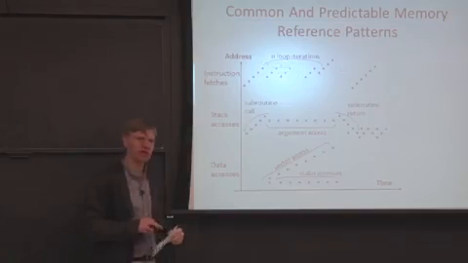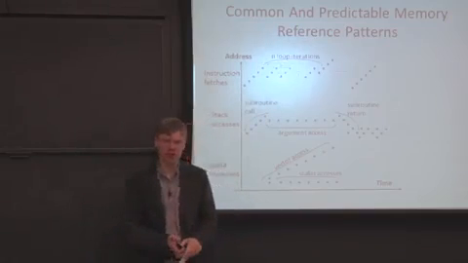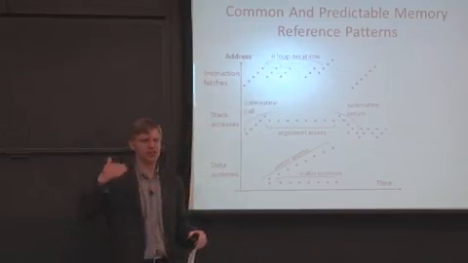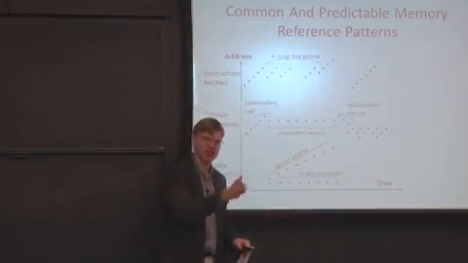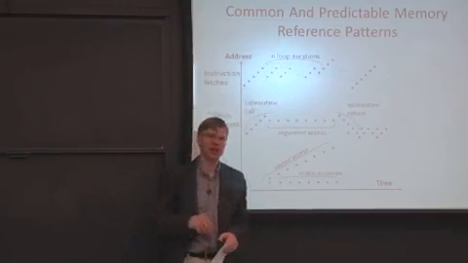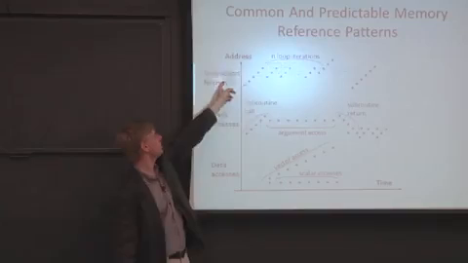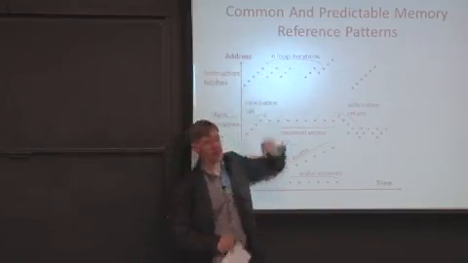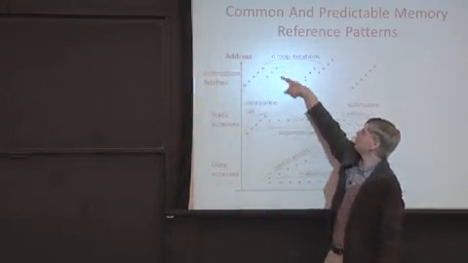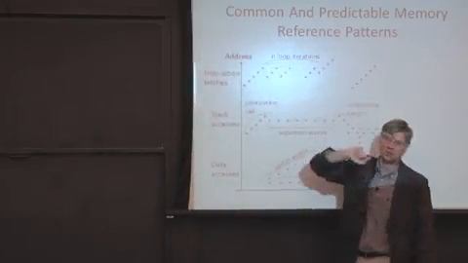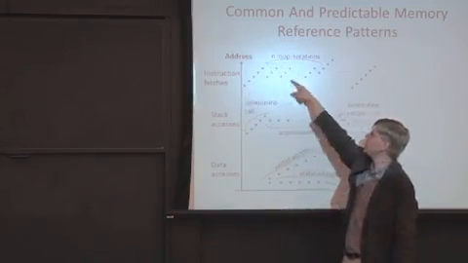So let's start off by looking at something like an instruction fetch. Typically, programs will execute in order. They'll execute the first instruction, then the next instruction, and the third instruction, at addresses that are monotonically increasing, unless you hit a branch. So let's take a look at some instruction fetches. We start off by executing some code, and then we're going to execute a loop here. When we're in the loop, we're executing the same piece of code over and over again.